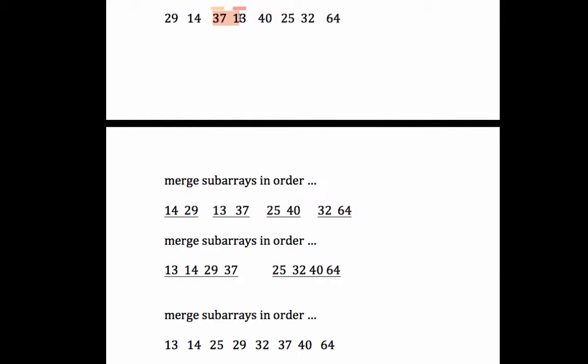Next, the next 2 values, and again merge them into an array of length 2 and copy the values in order. So that gives me 13 and 37. And then I'm going to merge 40 and 25, and that's going to give me 25 and 40. And finally, the last 2 numbers are 32 and 64, and that gives me the last array of length 2 with those 2 values.